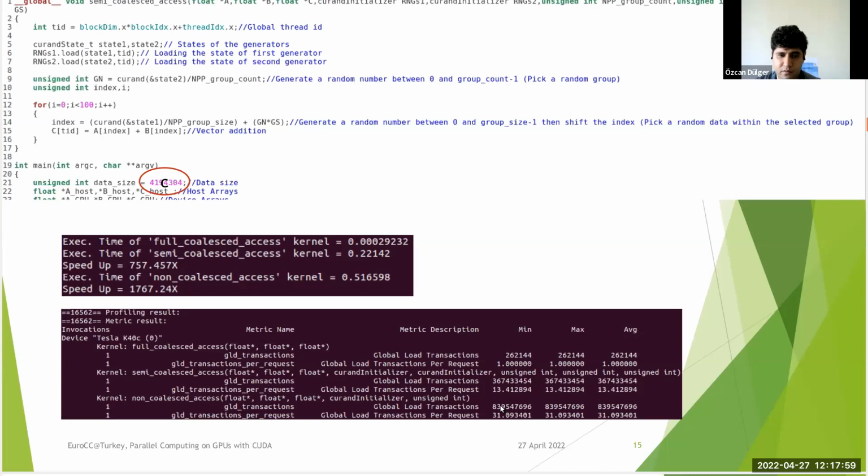So we learned that this is an important concept while accessing global memory for the warp concept. So we must be careful while we implement our algorithms.